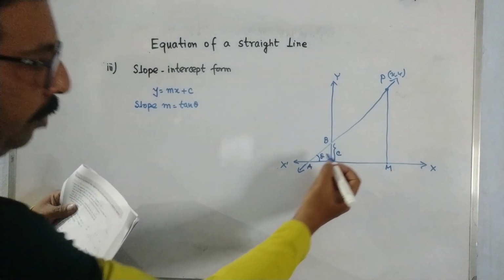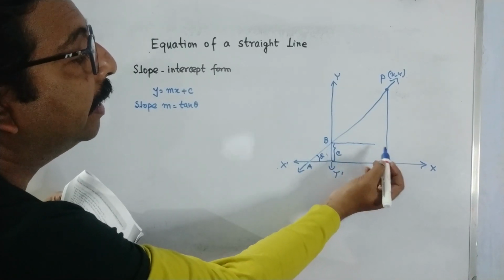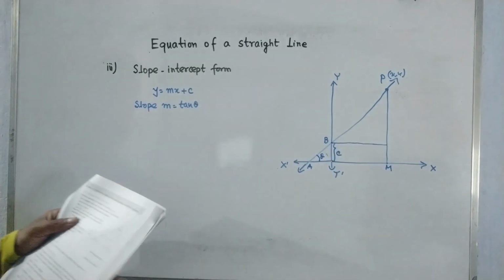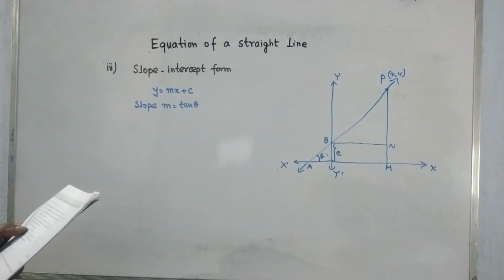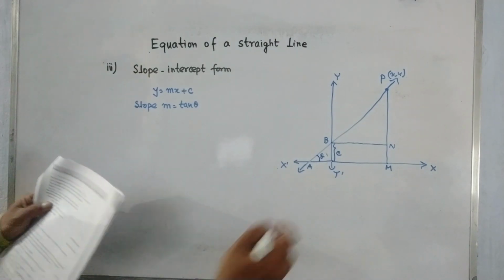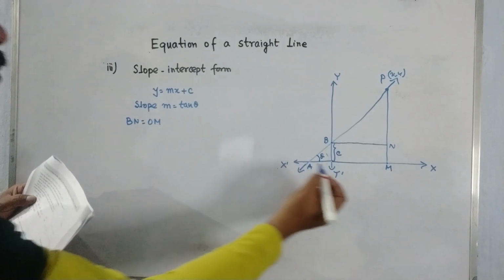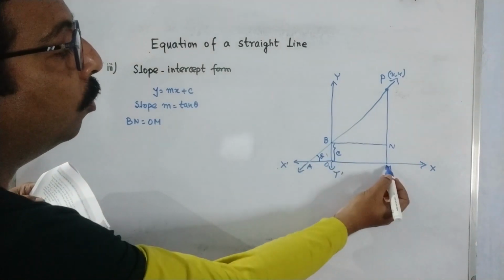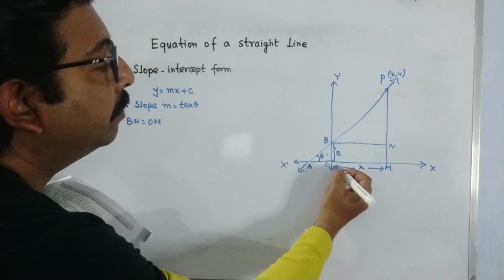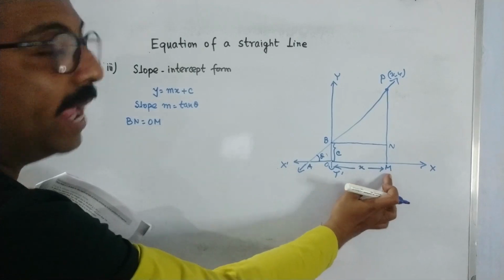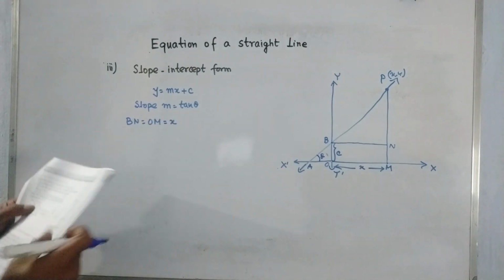Then again we draw a perpendicular from point B on this PM, which intersects at N. Now from the figure, BN is equal to OM. This is O, the origin. OM and BN are equal, and we consider this is X, because P is x, y. Therefore this is X and this is Y. So BN equals OM equals X.